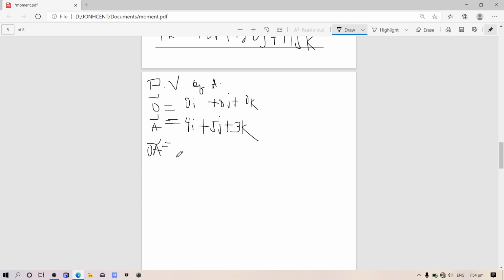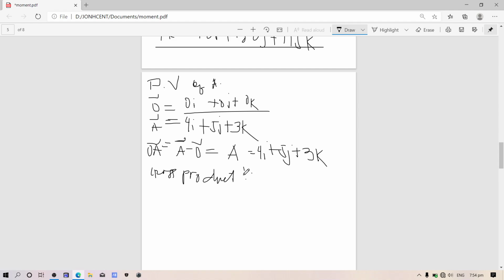Okay? Then, if we combine that, we will get position vector OA. Okay? So, that is A minus O. So, that will give me A. Kasi origin naman to, so ang matitira pa rin is 4I plus 5J plus 3K. Okay? Then, gawin na natin yung cross product, or the Cramer's rule.